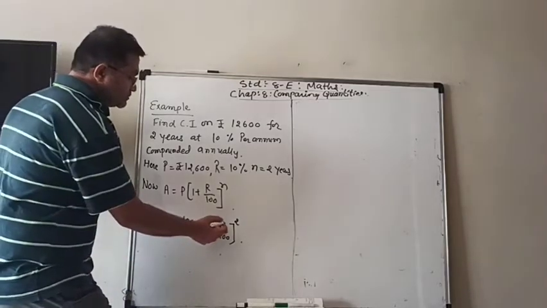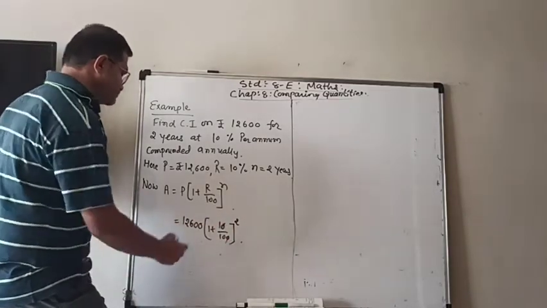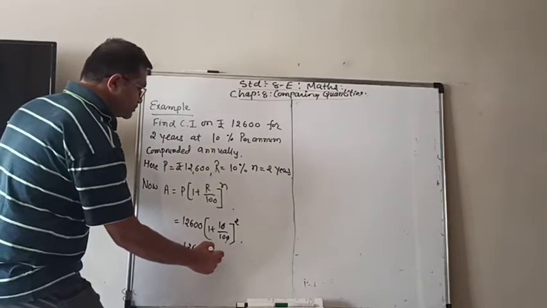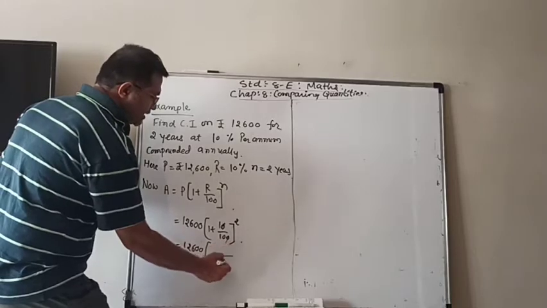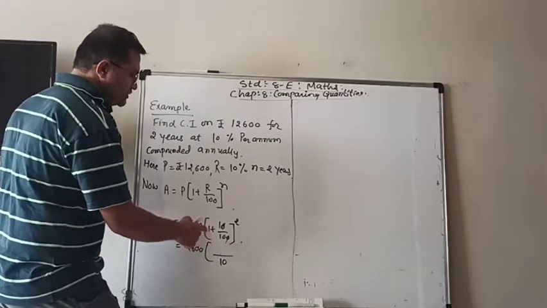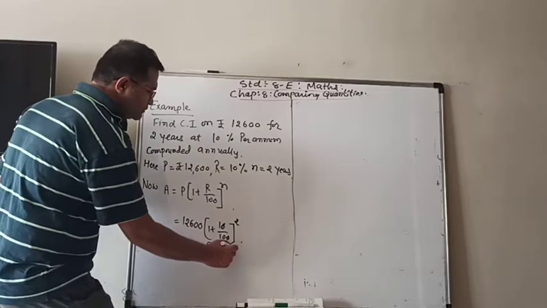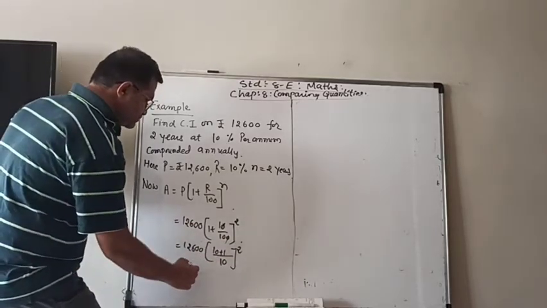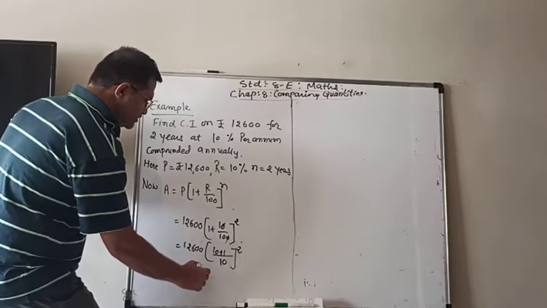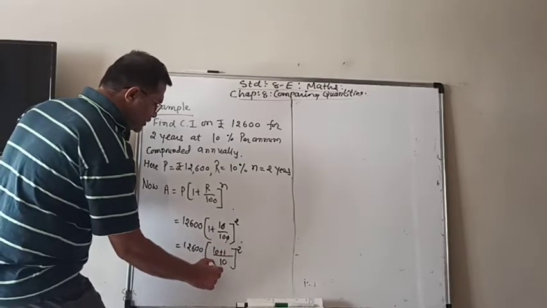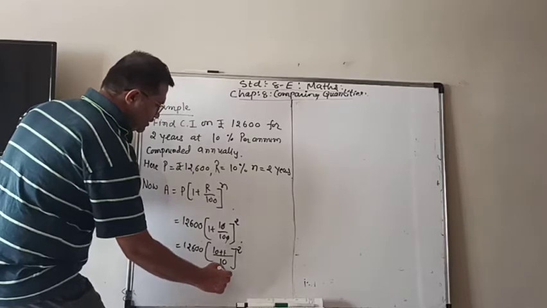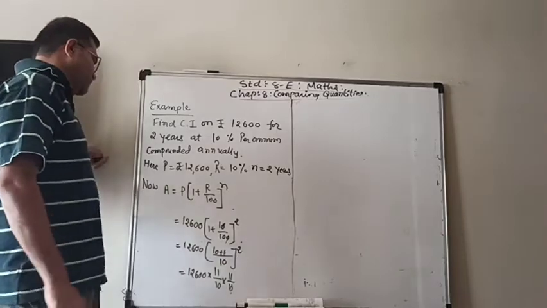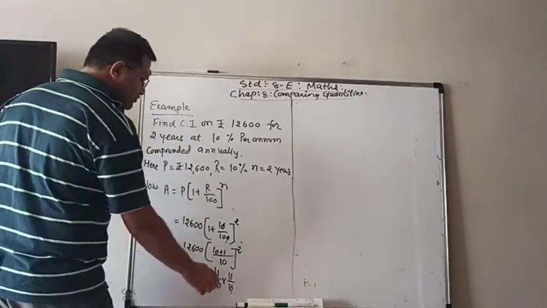Now here you can cancel the zeros. So 12,600. Now we have to take 10 as LCM. So 10 ones are 10 plus 1, squared. That is 12,600 into 10 plus 1, 11 upon 10 into 11 upon 10, 2 times because there is a square. So now two zeros will be cancelled.